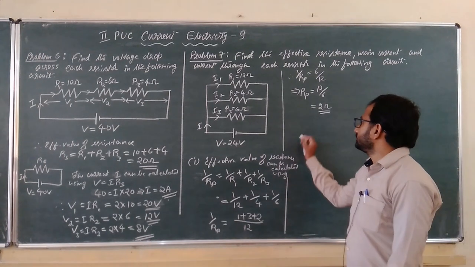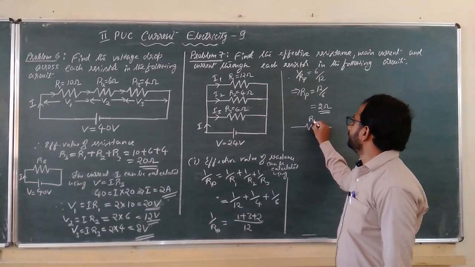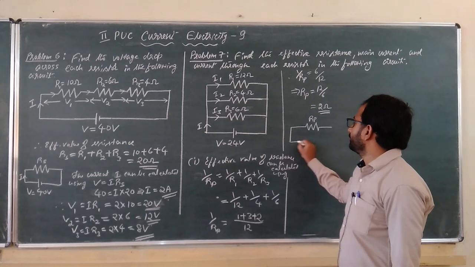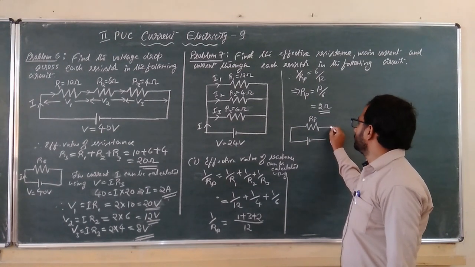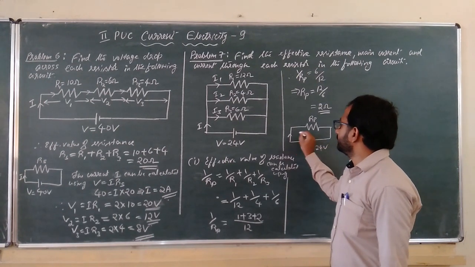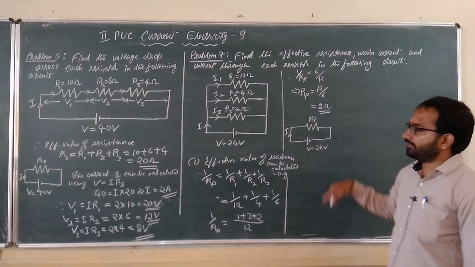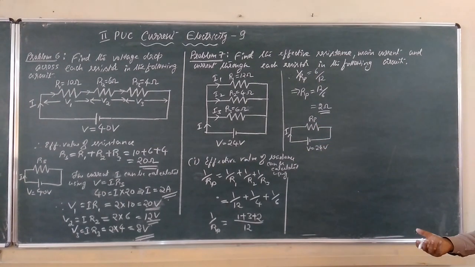Now the circuit is reduced to Rp, which is connected to the source. The current flowing through Rp is I. What is the definition of effective value of resistance?